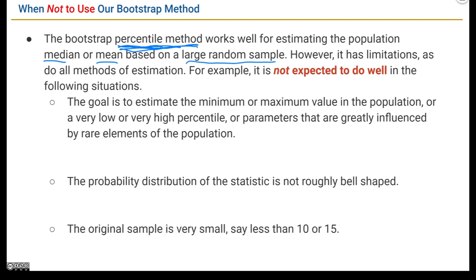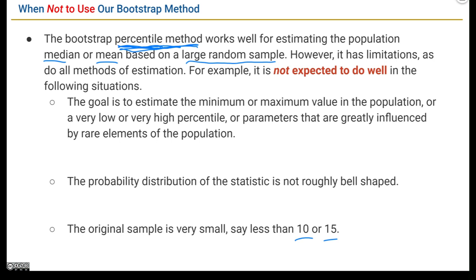And then if your original sample is very small, say less than 10 or 15, then the bootstrapped results are not good or not reliable because our original random sample is so small that it's unlikely to capture the key features in the population. And that's what we saw in our last video, when we played around with different sample sizes. So if any of those occur, this is not the way to go.